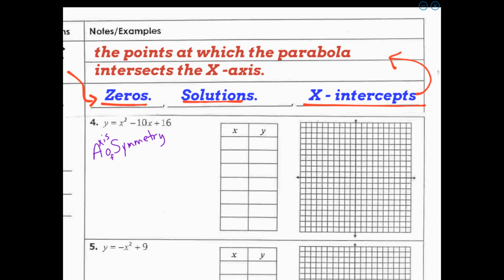The axis of symmetry. If you need to fill out a table for a quadratic equation, your first step to know what you need to fill in your table is to figure out what the axis of symmetry is. To do that, we're going to use the formula negative b over 2a. Negative b over 2a.